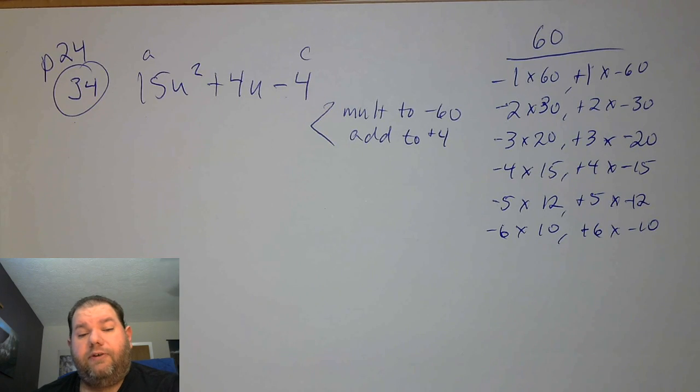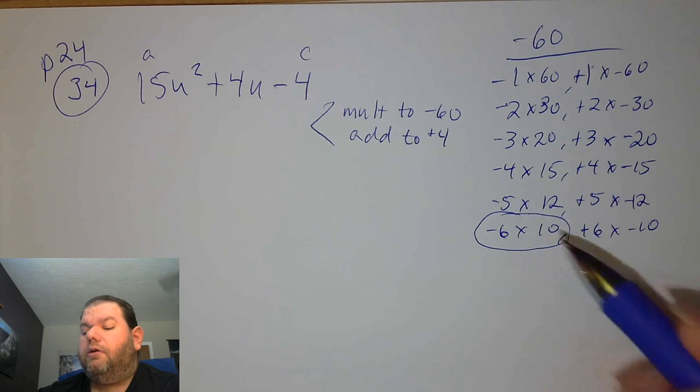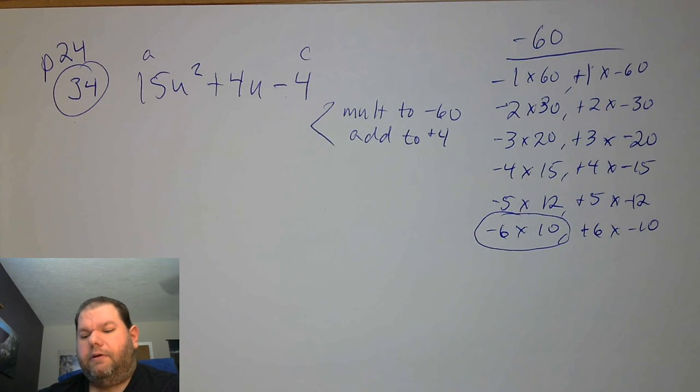We have 12 different combinations possible, because we have negative 60, and that's really what complicates it, is that having a negative number basically doubles the number of possibilities that we have. But again, we have these 12 combinations. Only one of those combinations is going to add up to a positive 4. And we can see that that will be negative 6 and 10. Good.